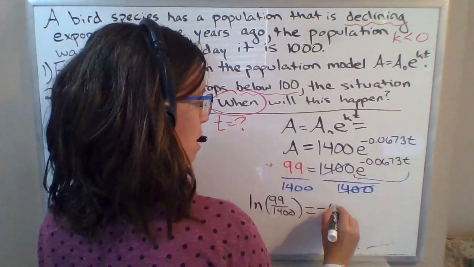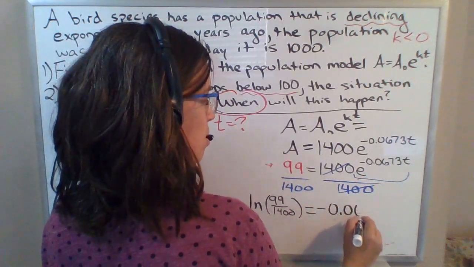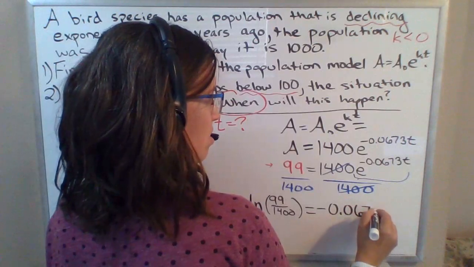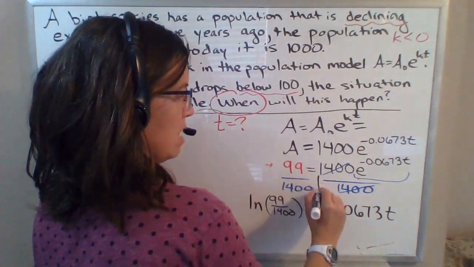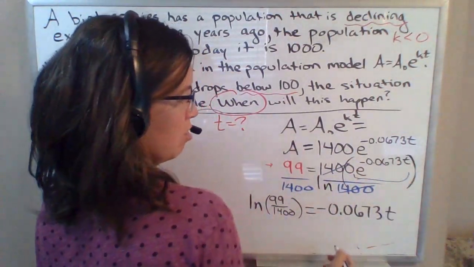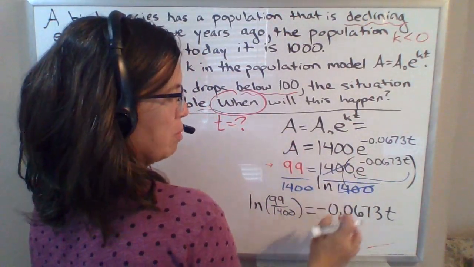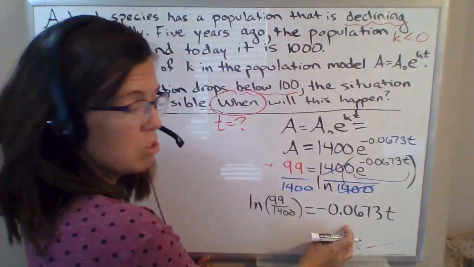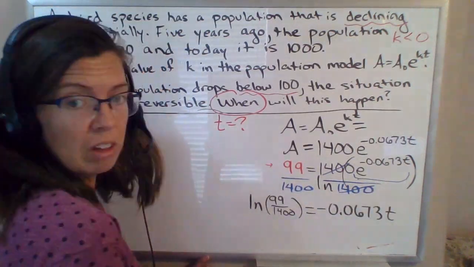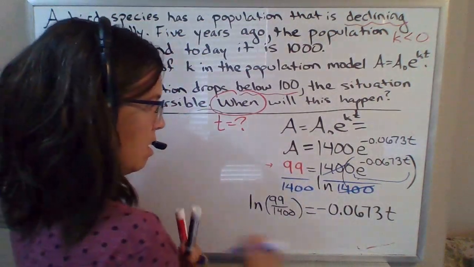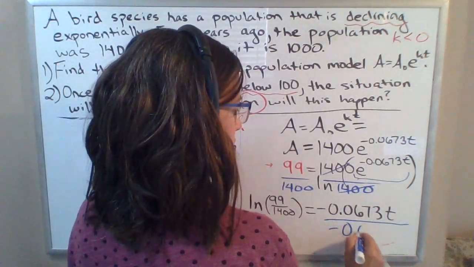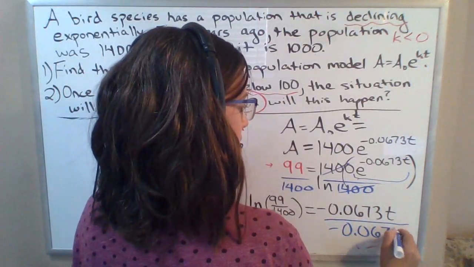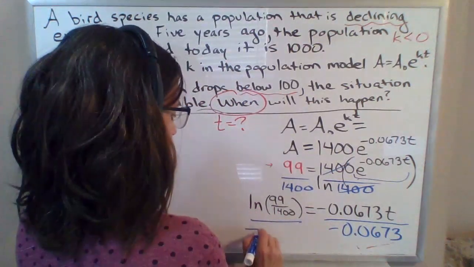So if it's okay with you guys, I'm going to go right to the negative 0.0673t. Because when you take natural log of this exponential expression, these are inverse operations, and you end up with just what's called the argument, just what's up in the exponent there. And so now all you have to do is divide by this coefficient of t, which is our k. So divide by k on both sides.